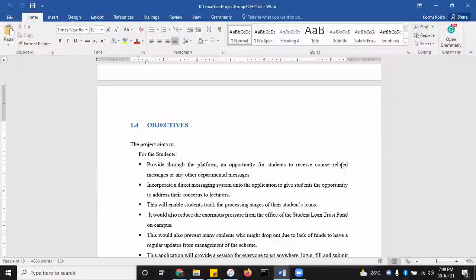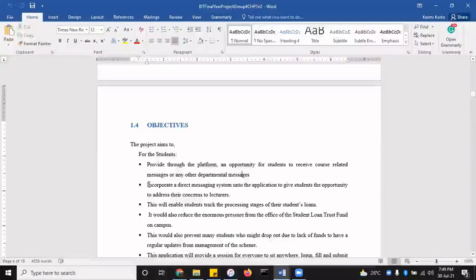Because you have to create something that would make it possible for the messages to be relayed to the students or communicated to the students, that relate to courses or departmental level messages or information. So whatever would allow you to accomplish this is what becomes the how, and the objective, ultimately. Okay?